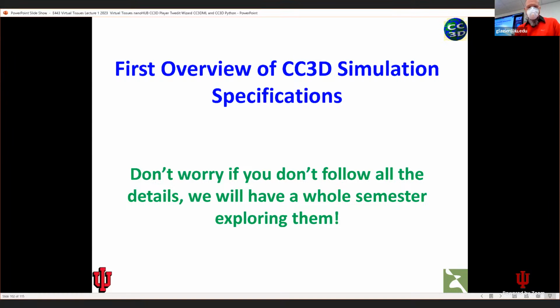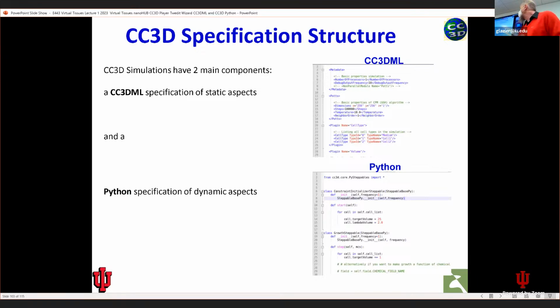Okay, so we have exactly 4 minutes to go. So I want to talk for just a second and actually show you what CompuCell code looks like. Don't worry, I am not assuming that you know how CompuCell code works after 4 minutes. CompuCell code will typically consist of 2 parts.